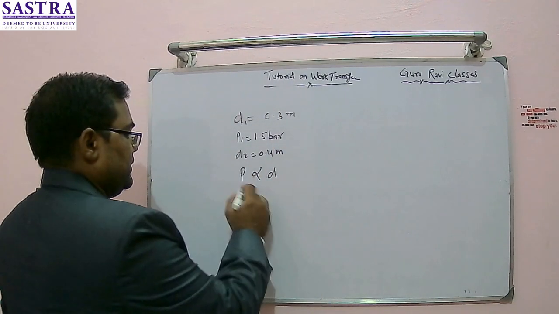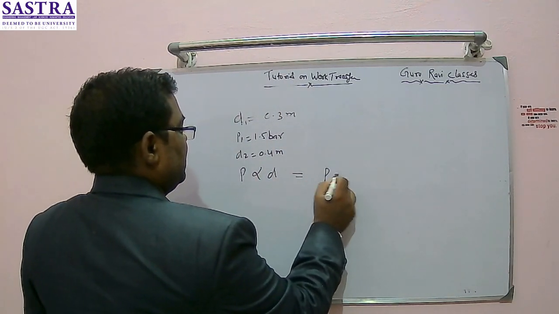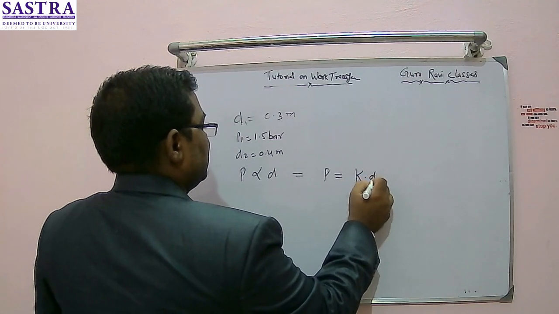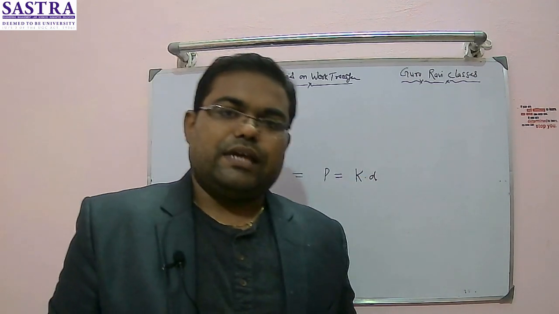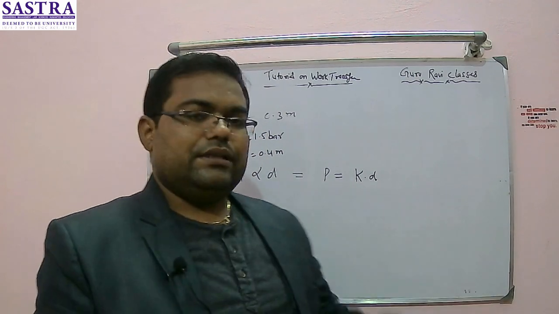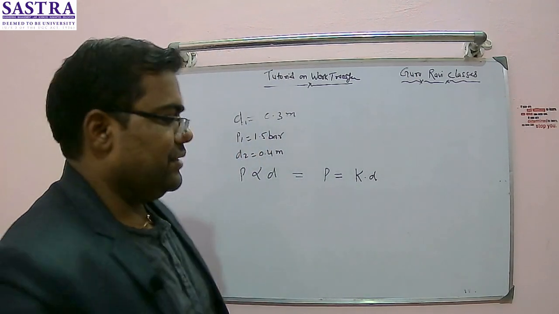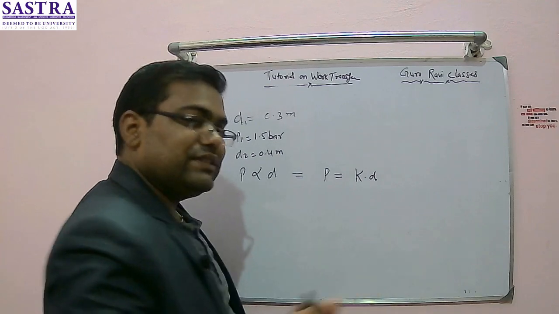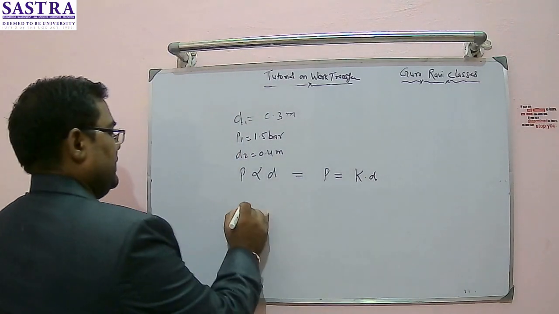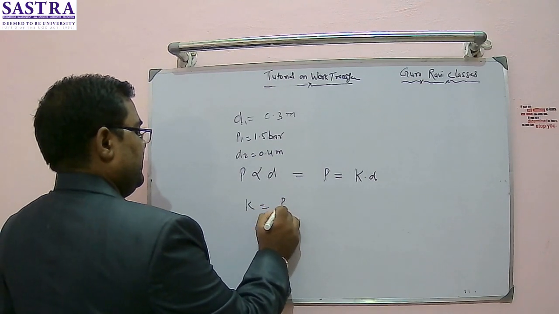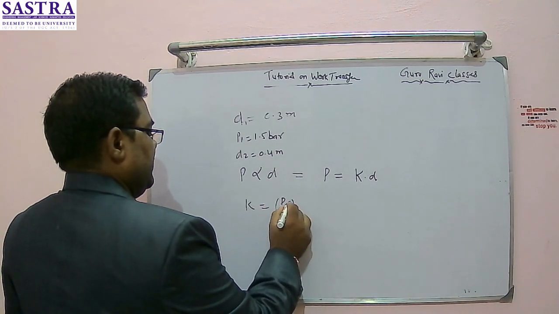So this is given. The pressure is equal to some constant times D, right? I know the pressure, I know the diameter at initial. So K is a constant, which will be constant for the second point also, right? So K is equal to P divided by D, so P1 divided by D1.